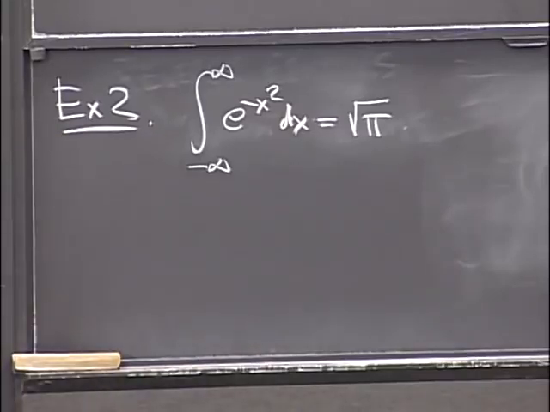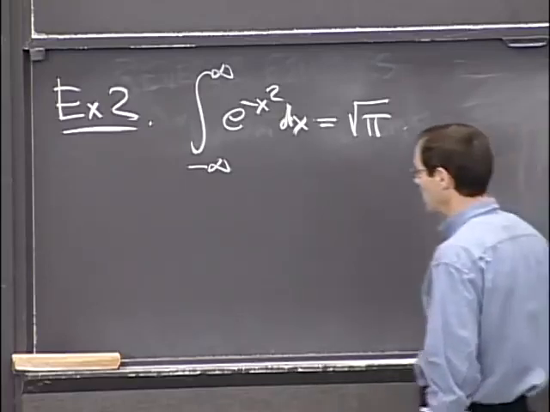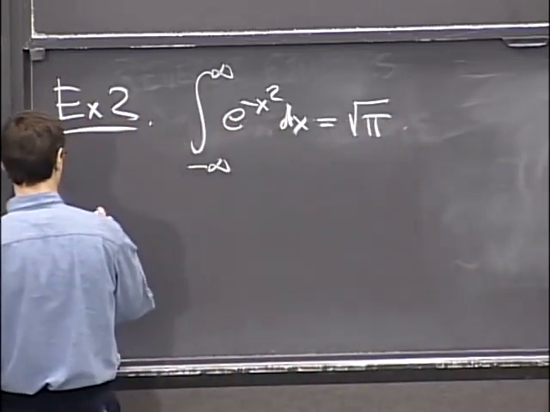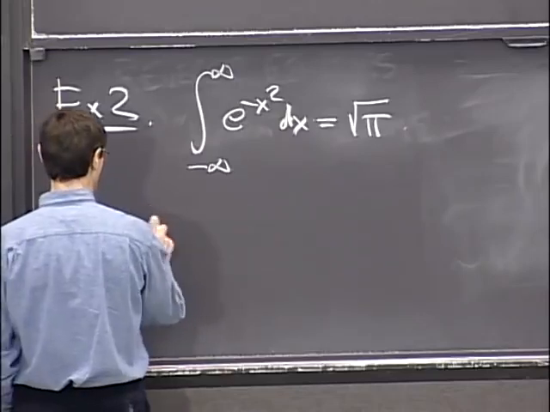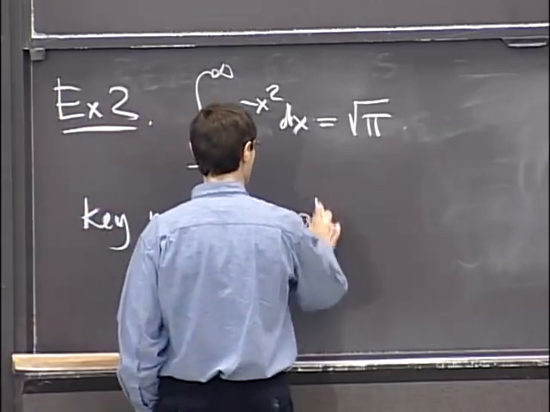So this one is also great. This is the constant which allows you to compute all kinds of things in probability. So this is a key number in probability.